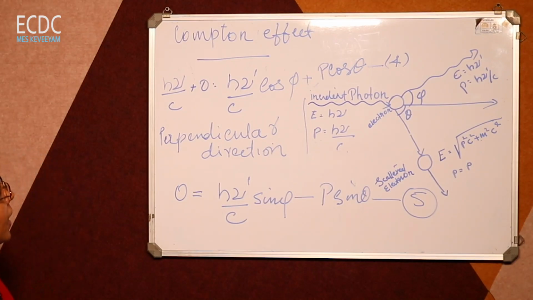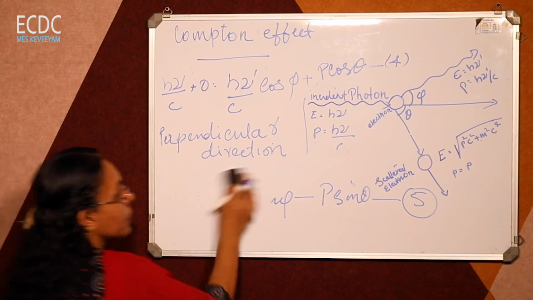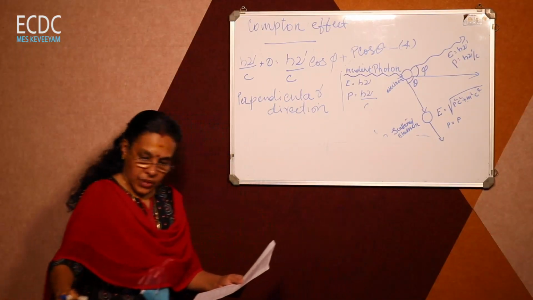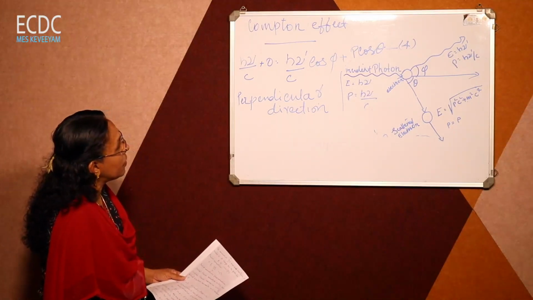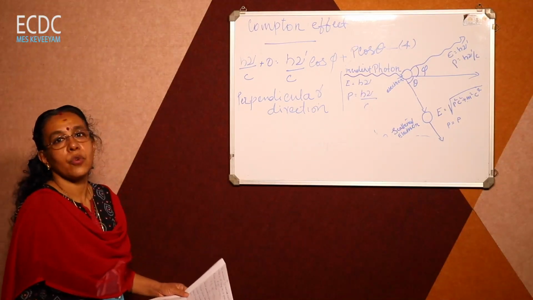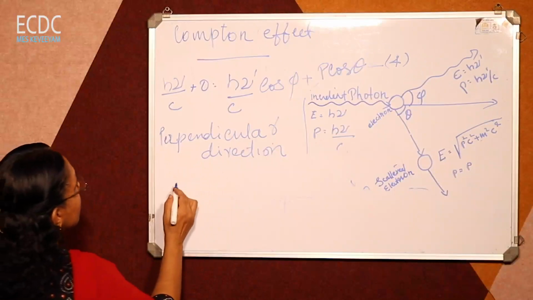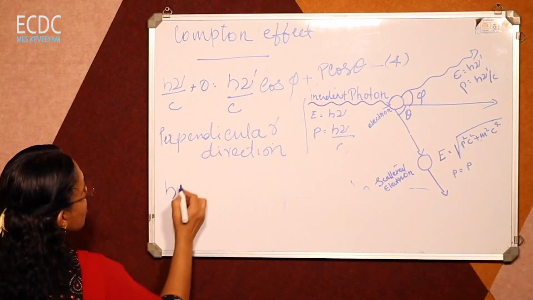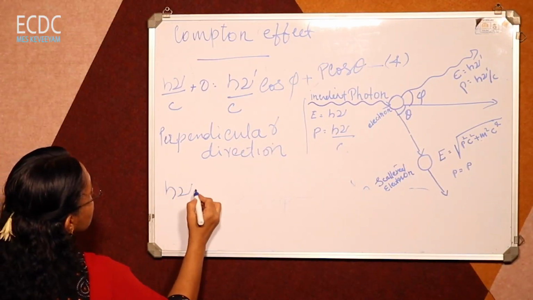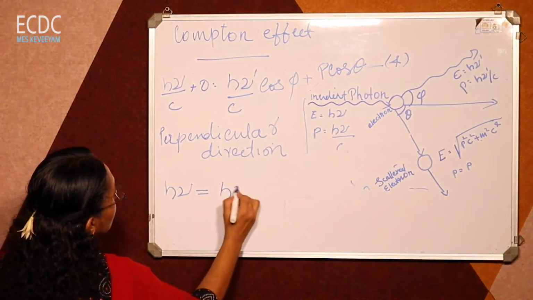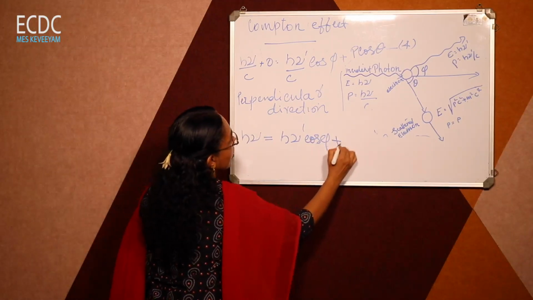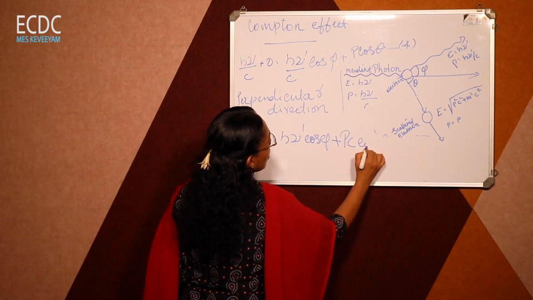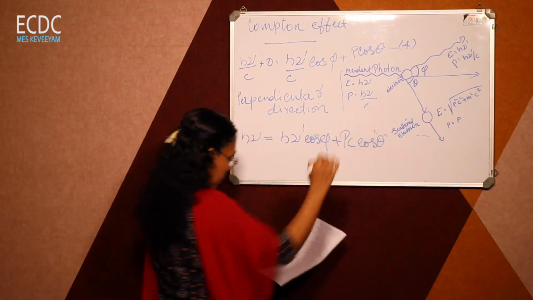Then multiply equation 4 by c and rewrite. So we can write this as what? Multiplying equation 4 by c, this is equal to h nu. H nu is equal to h nu prime cos phi plus pc cos theta.